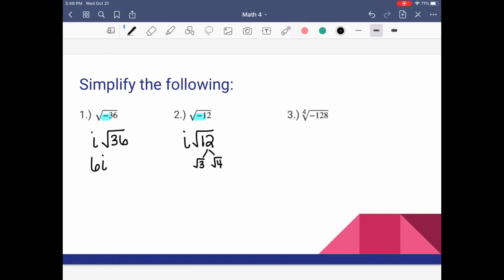I know that the square root of 4 is a perfect square, so I can reduce this, and that's going to equal 2. So we're going to pull that to the outside. That's going to be 2i, but I have the square root of 3 left over, because this is going to remain in my square root problem.